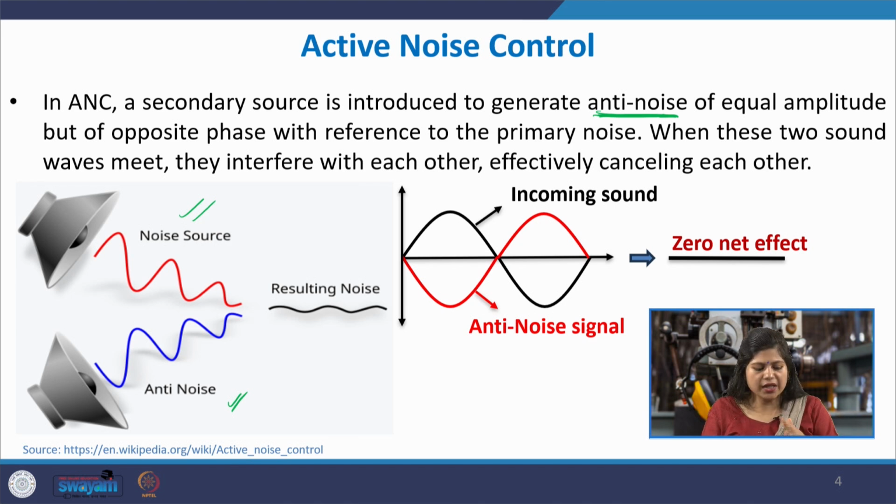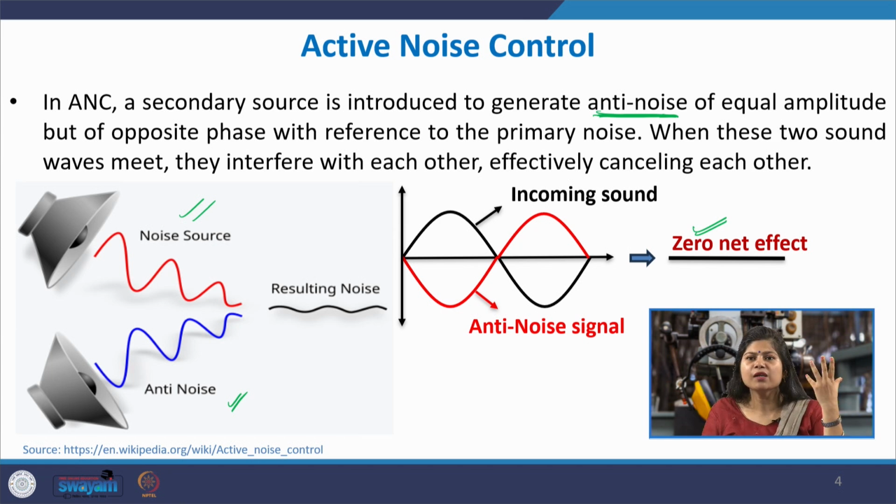You generate the anti-noise, the two are out of phase with each other, so that when they combine, there is a destructive interference, and the pressures cancel each other. So, ideally, there should be perfect cancellation, and the sound level should dim down and become 0.